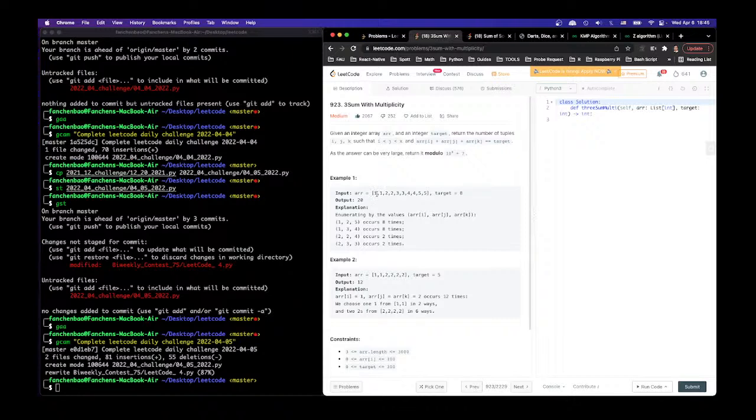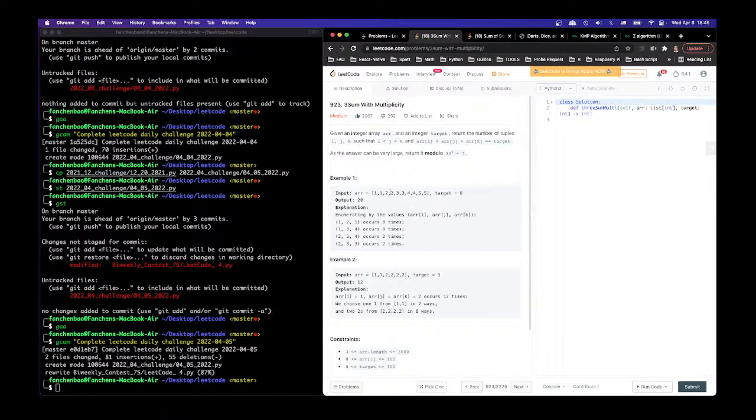It's i < j < k. Oh, no. This is actually counting the values. So we want to find the number of tuples that can make it. So 1, 2, 5. And duplicates can happen, because I have two 1s, two 2s, and two 5s.